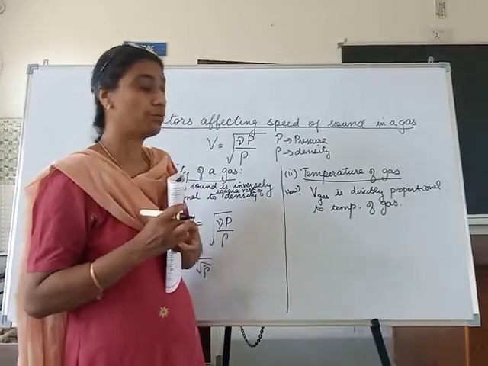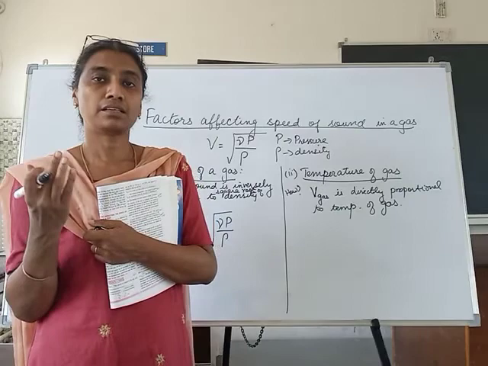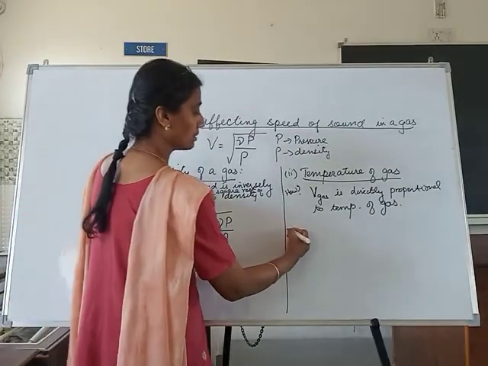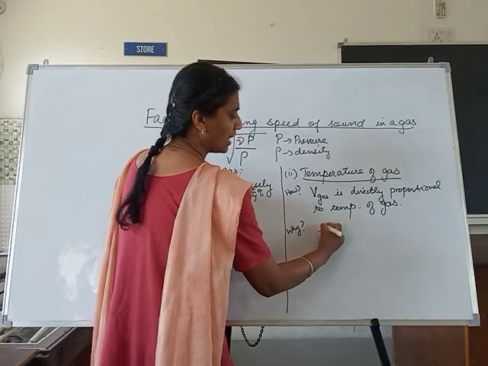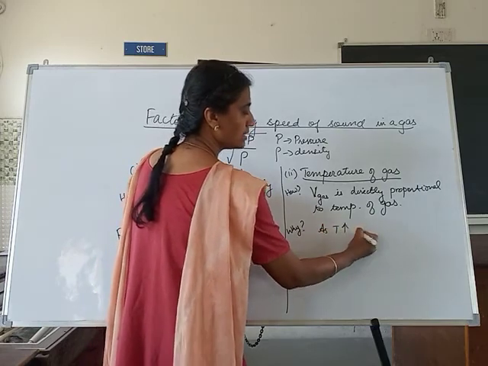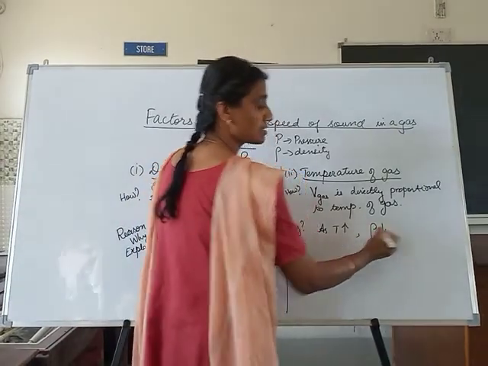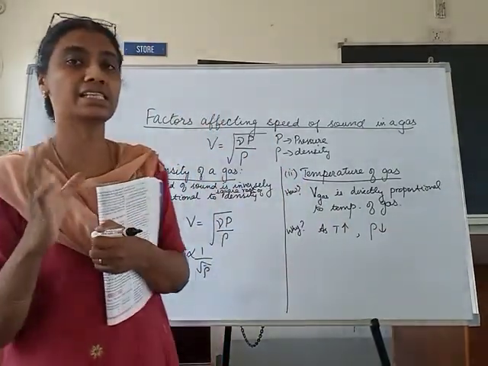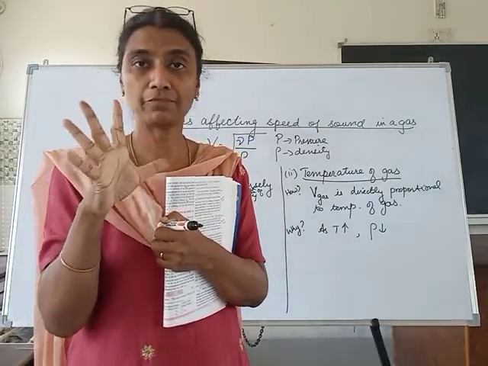Now, how do you explain it? You need to support it with a proper reason, the why of it. We know that as temperature increases, density of a gas decreases. You remember this? If you heat or increase the temperature of air, the molecules will move far apart.